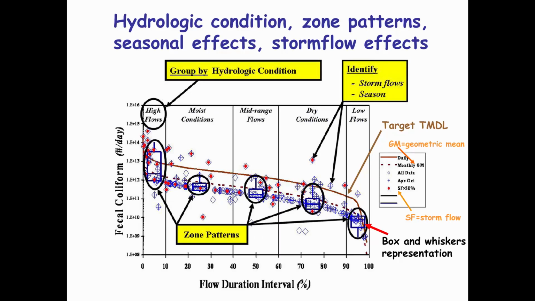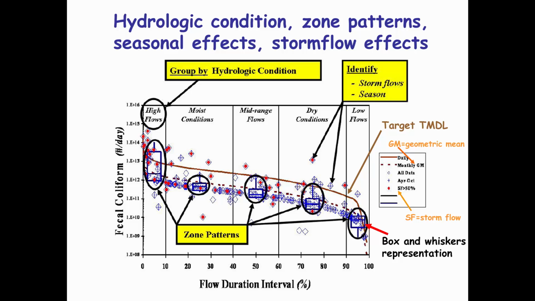All right, so now we have a target load duration curve, and on top of that same graph, we want to plot the actual sampled data, and this graph has a lot of information on it. The brown line is the target load duration curve, and that would be based on some standard.